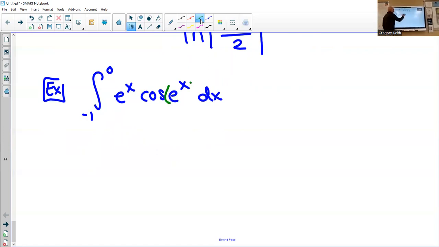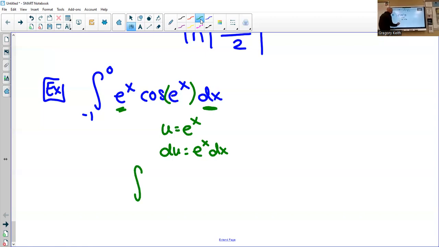Just e to the x. We're gonna use the e to the x that's inside cosine, right? So if we did u equals e to the x, du is e to the x dx. Hey, there it is. And so now what we can do is actually just do the integral of cosine of u du.